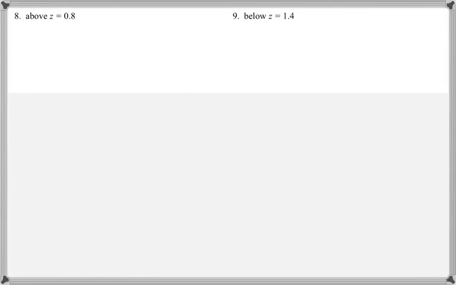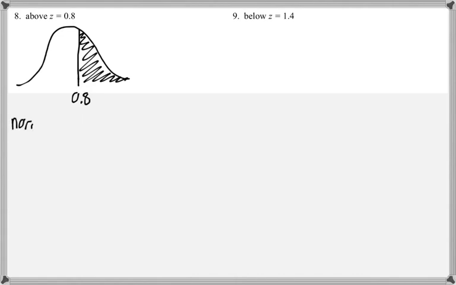Number 8 wants us to find above z is equal to 0.8. So that's going to look something like this. So my lower bound is 0.8 and my upper bound is infinity.